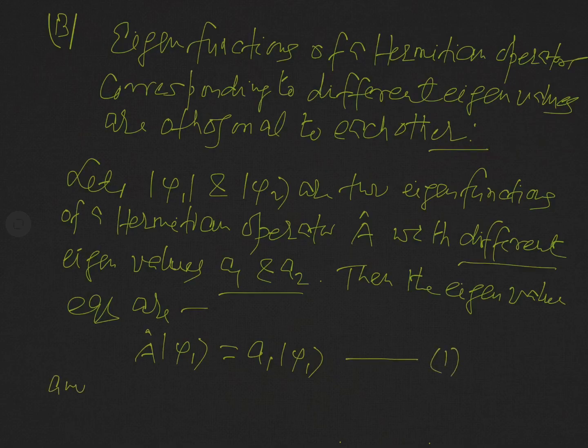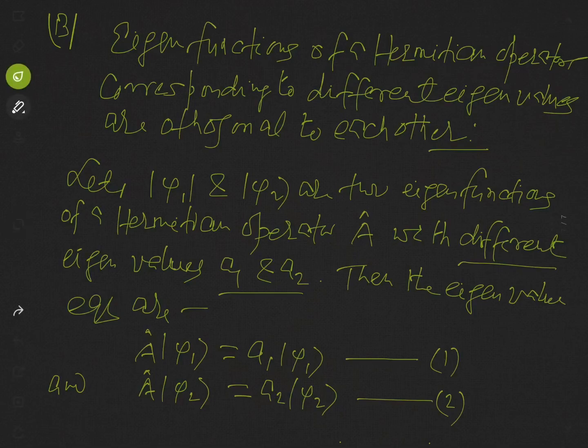And the second eigenvalue equation is A hat ket phi 2 equal to A2 ket phi 2. These are the eigenvalue equations of the operator A hat. Remember one thing here, that A1 and A2 are not equal.